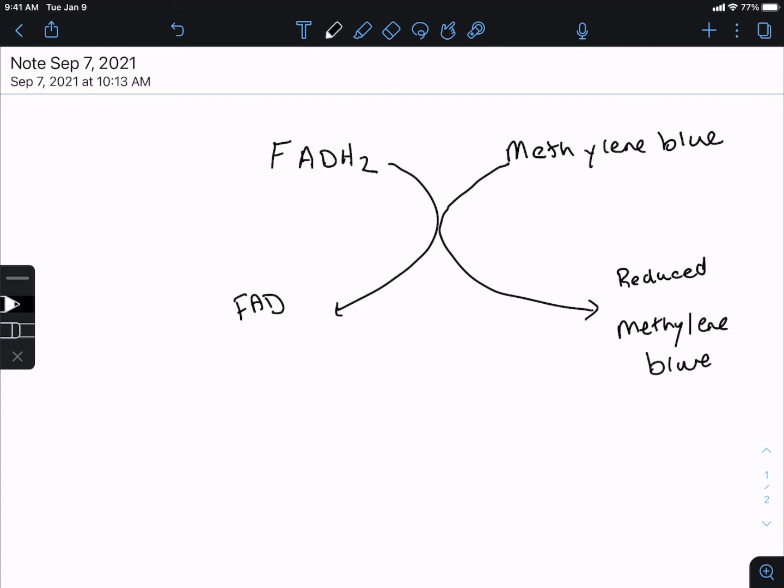The interesting thing is that when it's reduced, it actually changes colors. Instead of being blue, it's now clear.